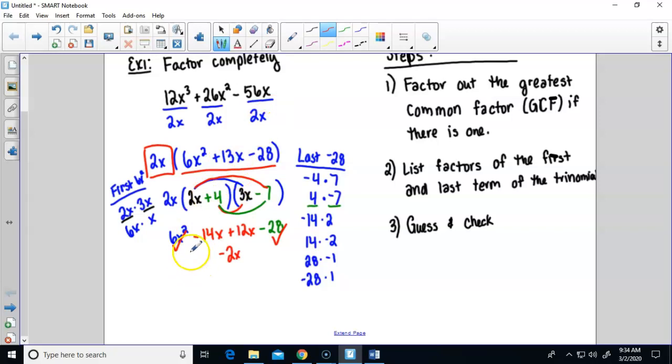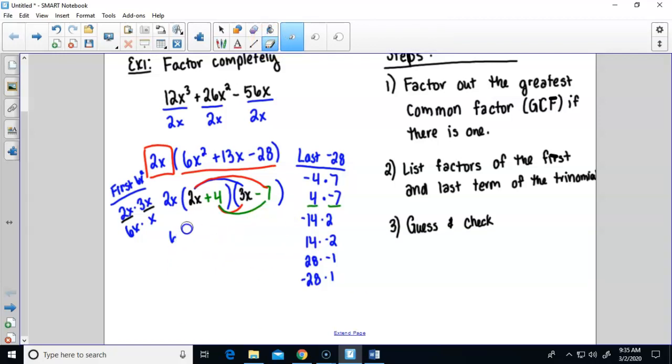So because this is 6x squared minus 2x minus 28, the first term is correct, the last term is correct, but the middle term is not right. So that tells me this doesn't work, I'm wrong. Alright, so what I just tried did not work. So since what I just tried did not work, I'm going to have to try something else.